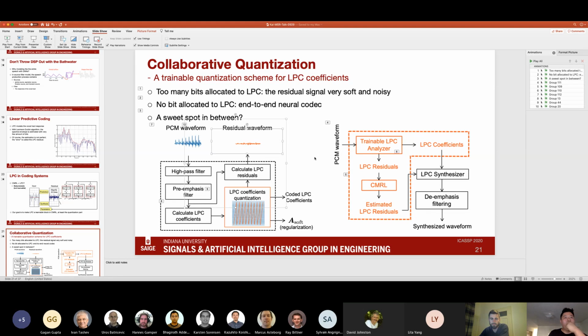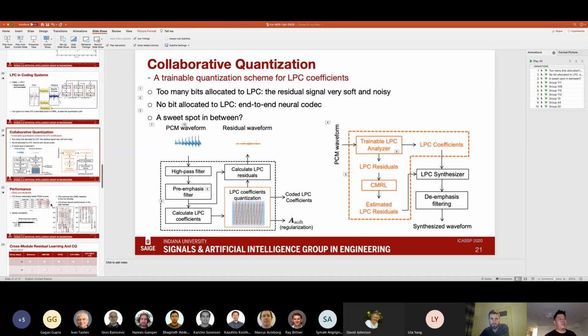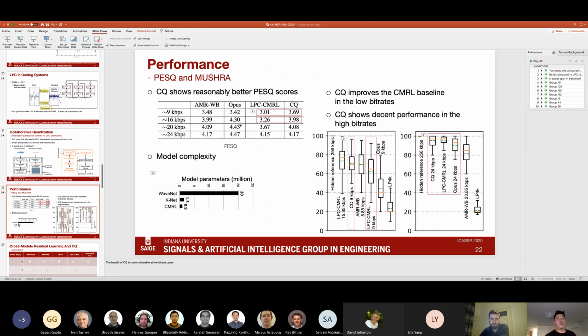But when we synthesize the speech, although the PESQ score is also lower, it just sounds better. So that's why you could tell that there's a discrepancy between the comparison in terms of the PESQ and the comparison in terms of the subjective score. The PESQ score is not as good, but listeners are in favor of our model.